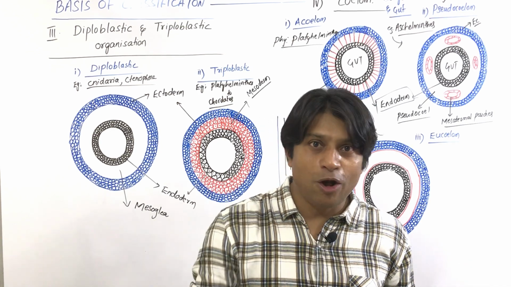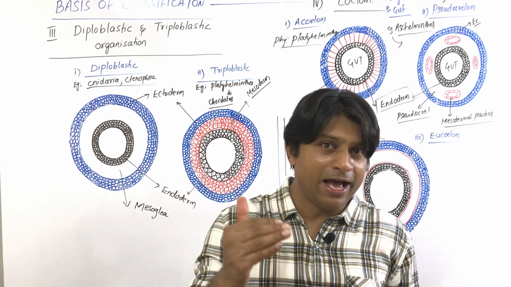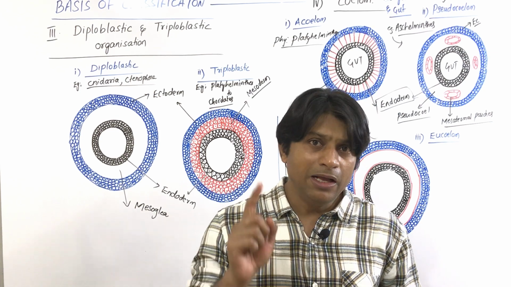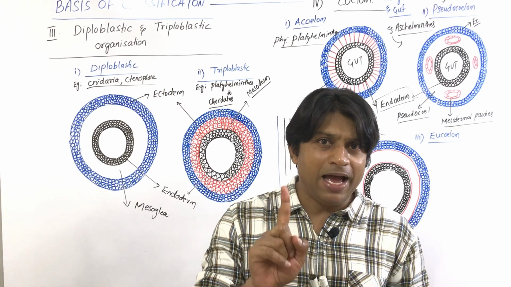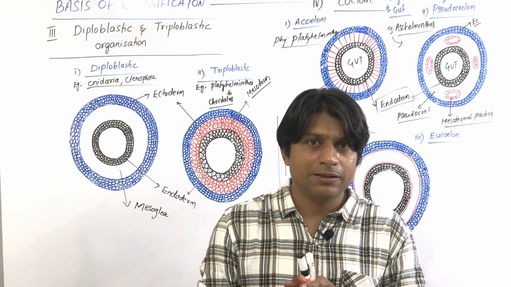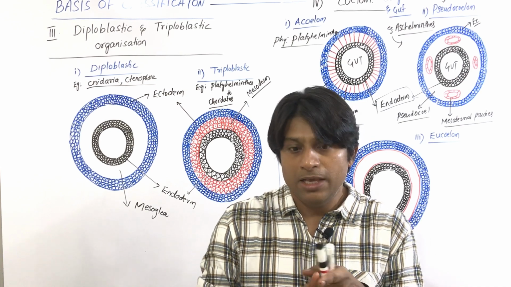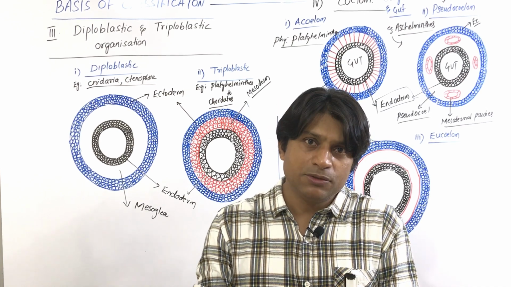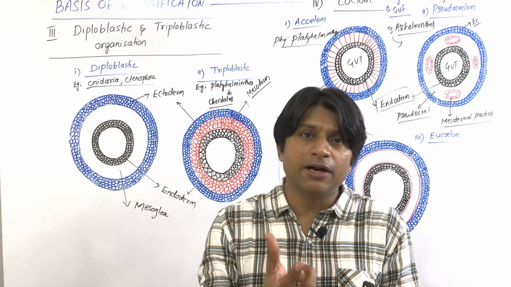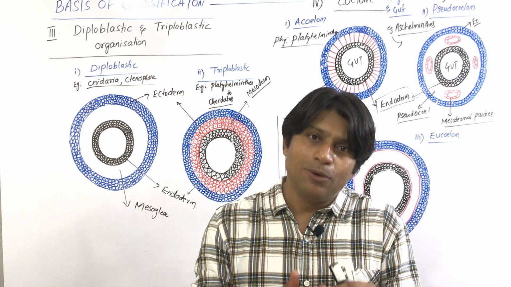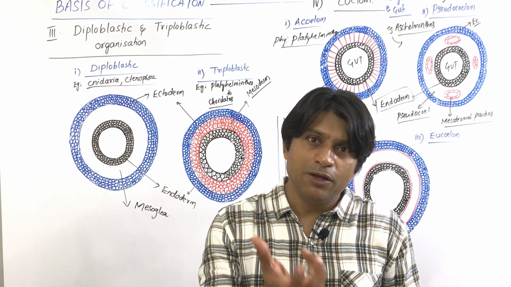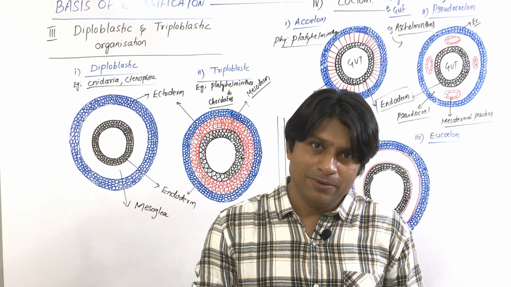Now this pseudocoelomic fluid is advantageous to the animal in many ways. First, the pseudocoelom acts as a hydrostatic skeleton that gives rigidness to the animal body. Number two, it provides space for the movement of internal organs, and also it provides space for lodging the young ones.